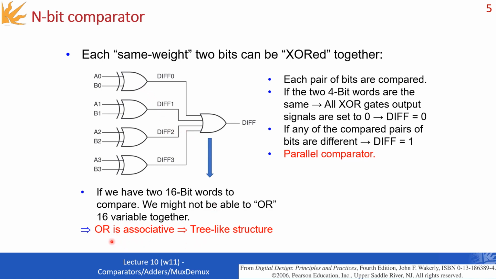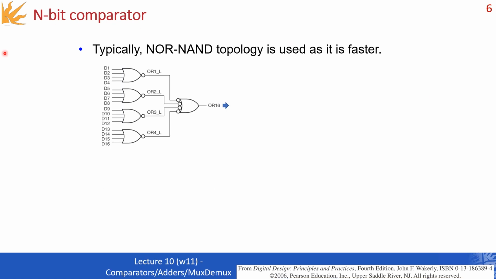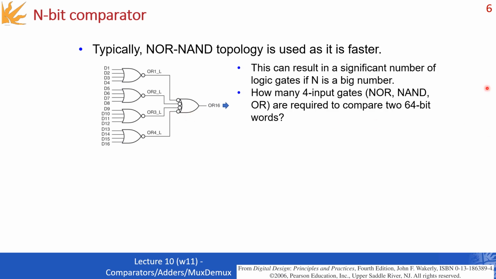Also, notice that since the OR gate is associative, this always works as a tree-like structure. Typically, we use NOR NAND topologies because they tend to work faster.